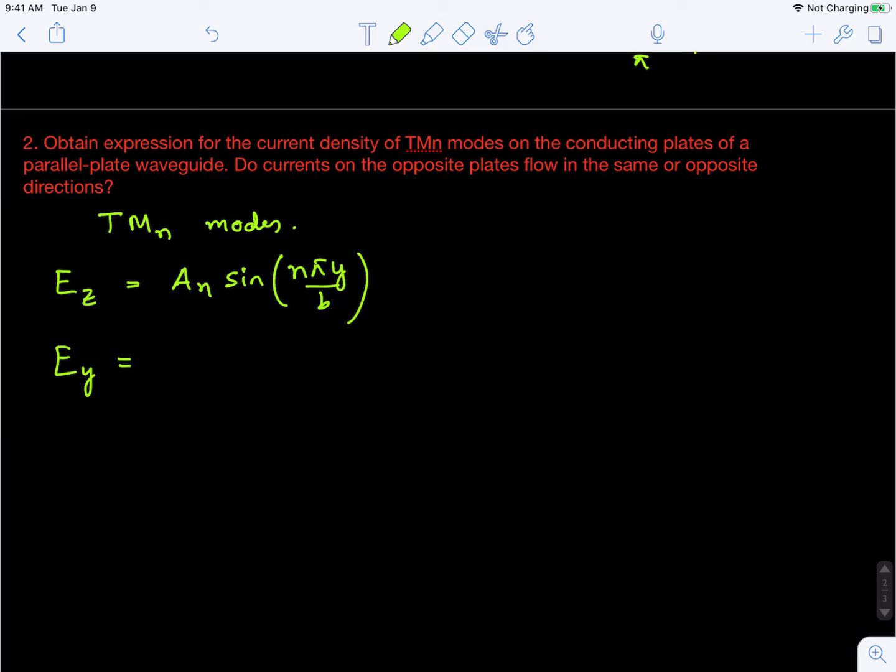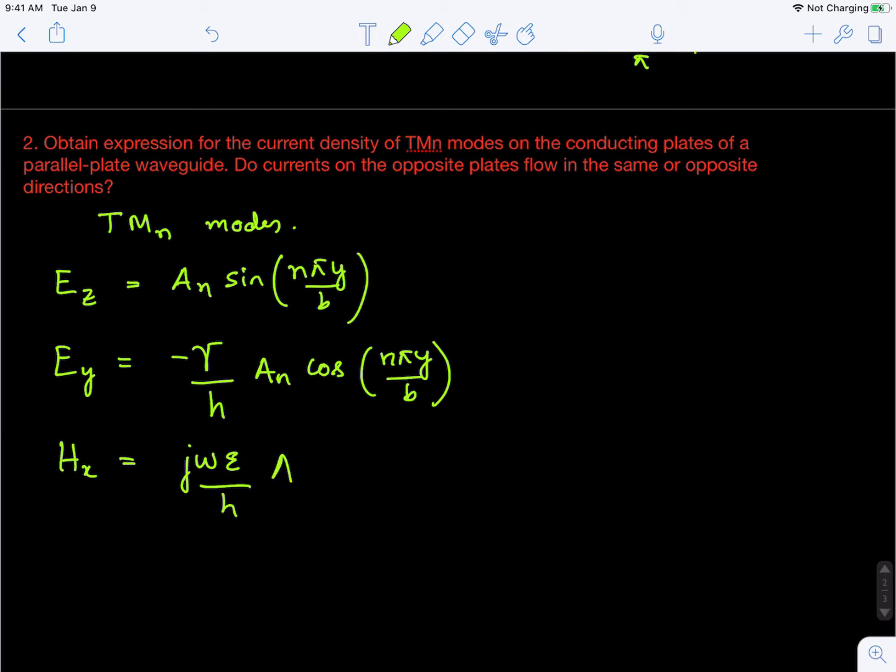So Ey is equal to gamma by h a_n cos(n pi y / b), and finally Hx is going to be j omega epsilon divided by h a_n cos(n pi y / b).